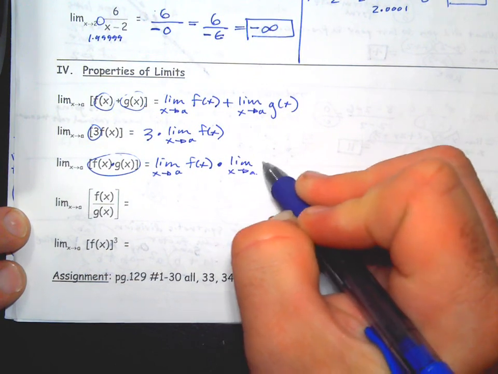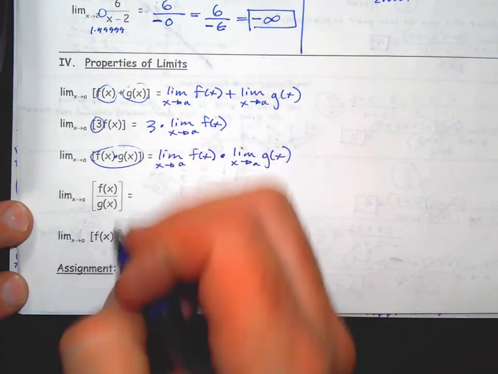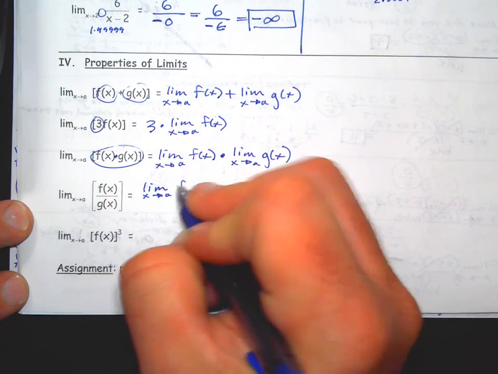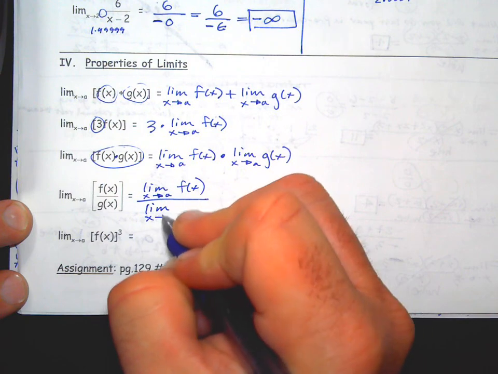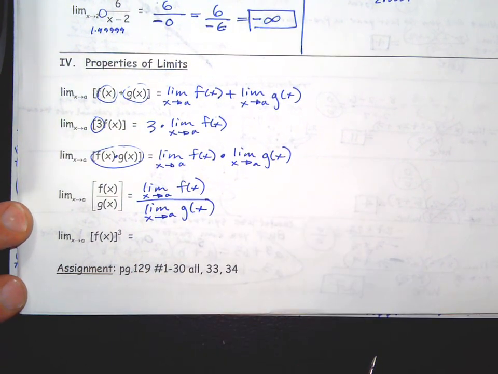Yes, you can. Now, you might be surprised. What's the next one? You have division. Can we just take the limit of the top and the limit of the bottom and then divide? Yes, you can. So not a whole lot of surprises here. This is about as simple as a rule could be.